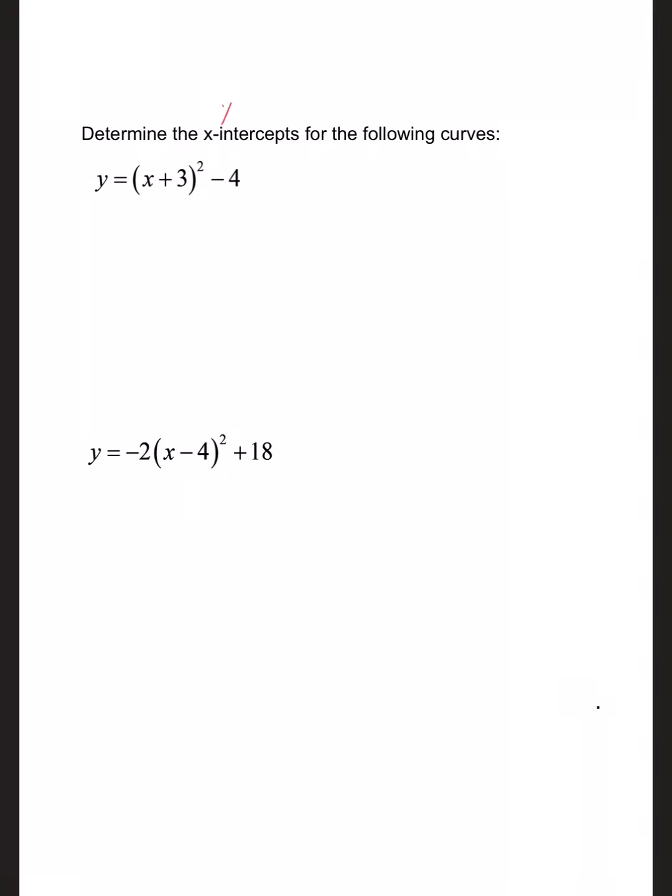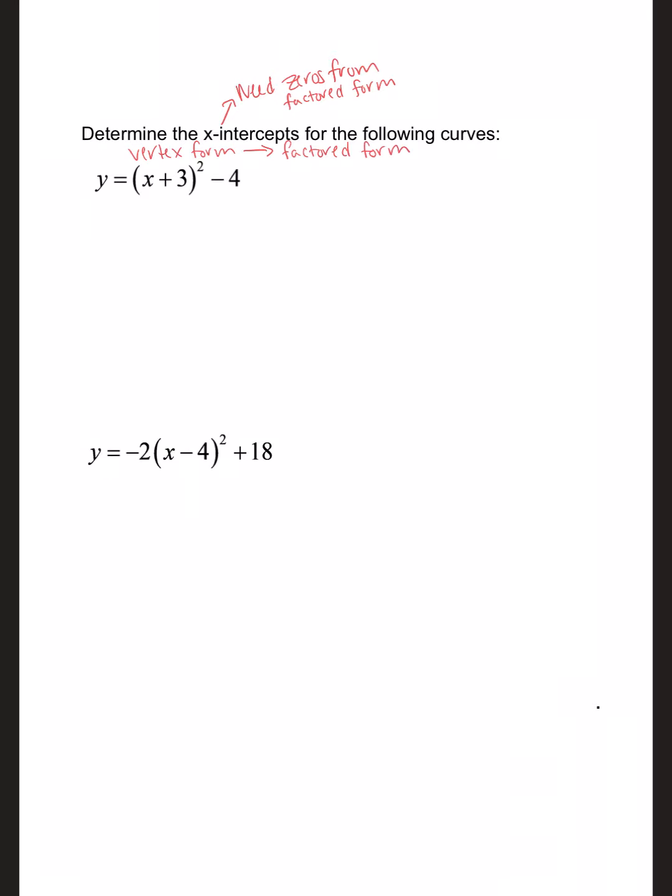So we're going to need zeros from factored form. Okay, if we need them from factored form, then we're going to have to convert from vertex form to factored form to find those zeros.